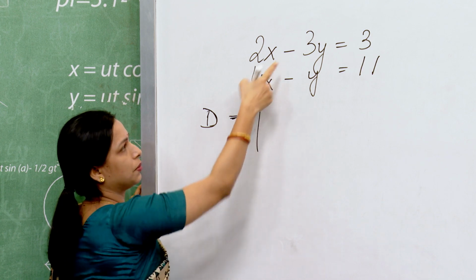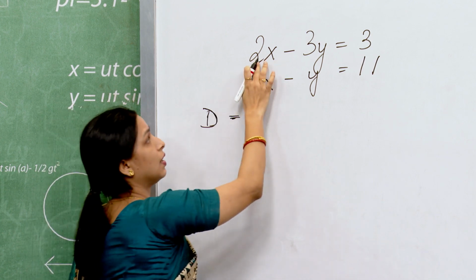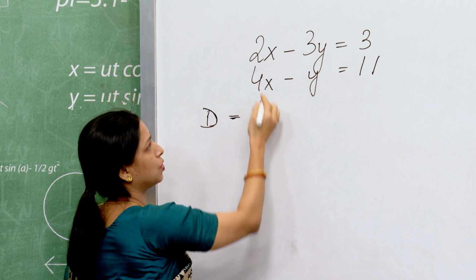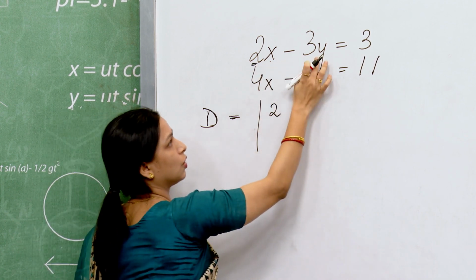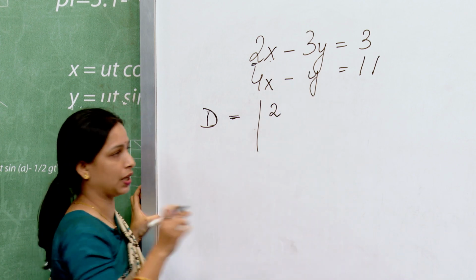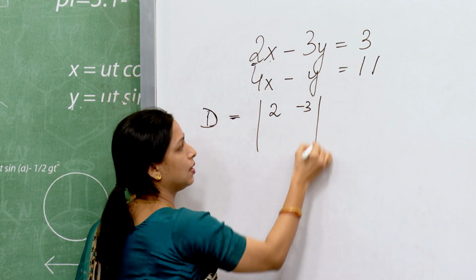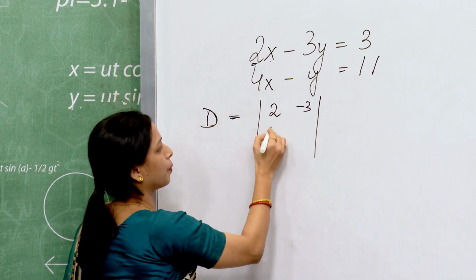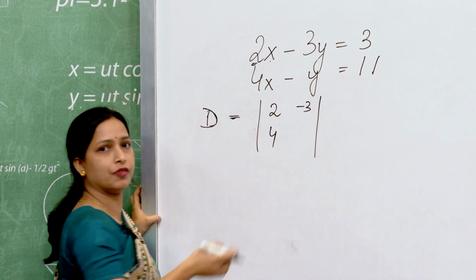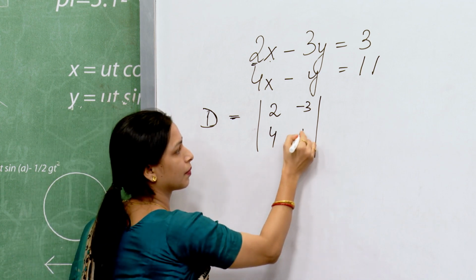So, the determinant consists of the coefficients of the variables. Here the coefficient of x is 2, and the coefficient of y is minus 3. You must consider the sign. In the second row, the coefficient is 4, and here the coefficient is minus 1.